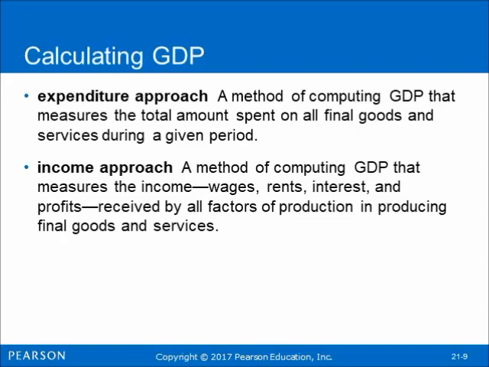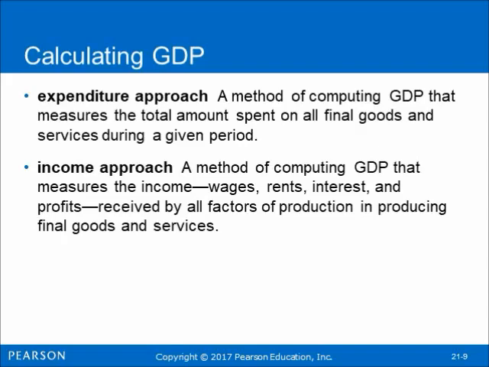Generally, there are 2 main methods that can be used to calculate or measure the value of GDP for a country. The first method or approach is known as the expenditure approach. This is a method of computing GDP that measures the total amount spent on all final goods and services during a given period.